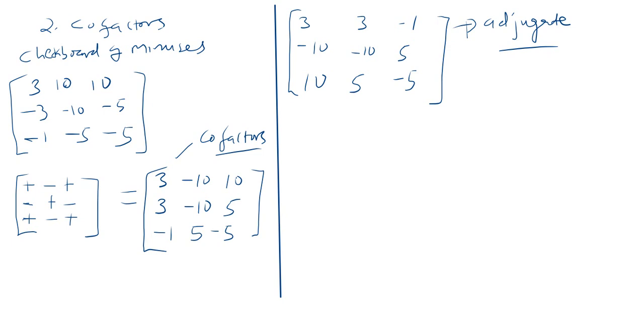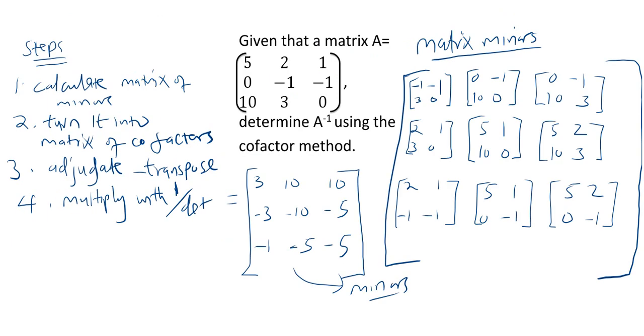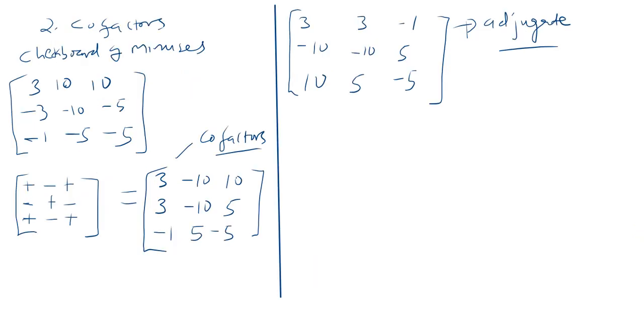Now, in step 4, we said you have to multiply what we got in step 3 with 1 over determinant. So we now have to calculate the determinant for our matrix. And in this case, note that this is the determinant of our original matrix, not the determinant of our matrix in step 3.